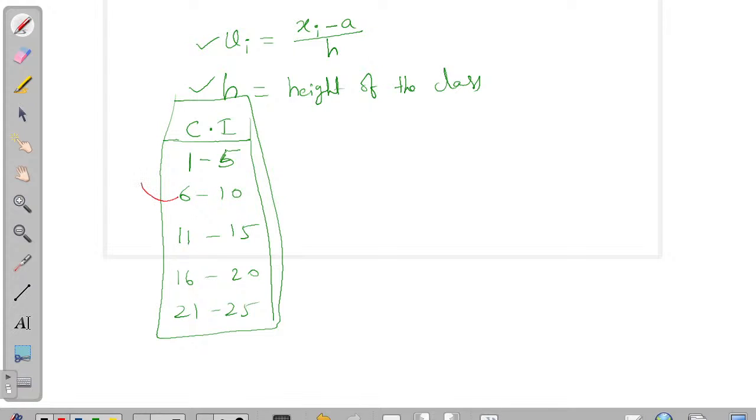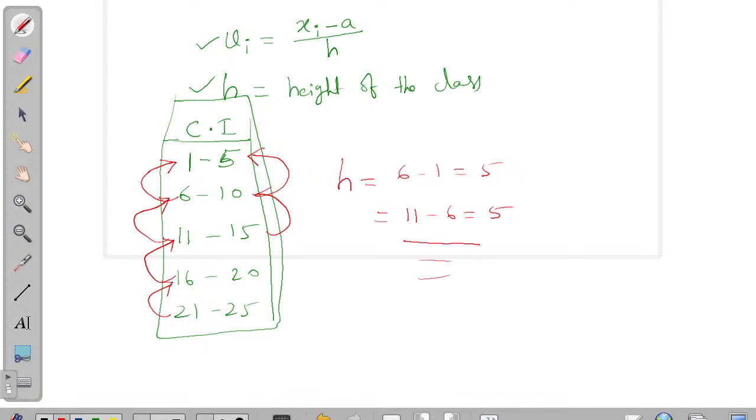Means h equals either 6 minus 1, it is 5, or 11 minus 6, it is also 5. Like this. If you subtract the values of two successive upper limits also, you will get the h value.